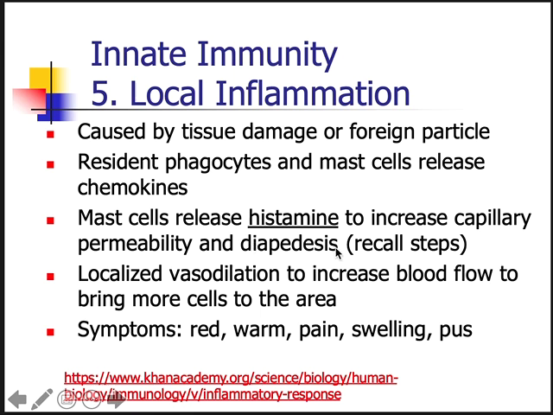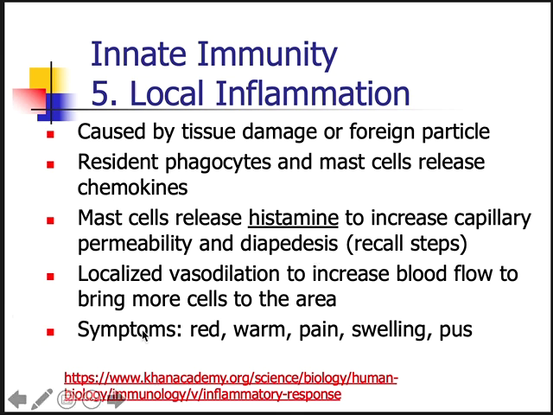So recall those steps that we went over. So this localized vasodilation is to increase the blood flow to the area so that you can get more of the phagocytes to perform diapedesis and get into the tissue and clear out whatever's going on.